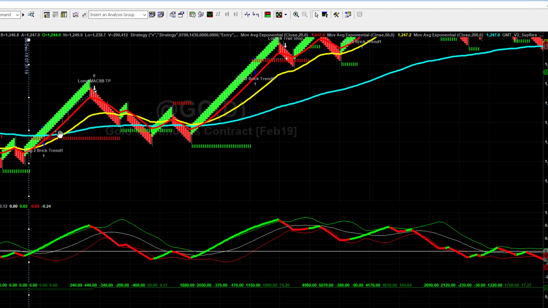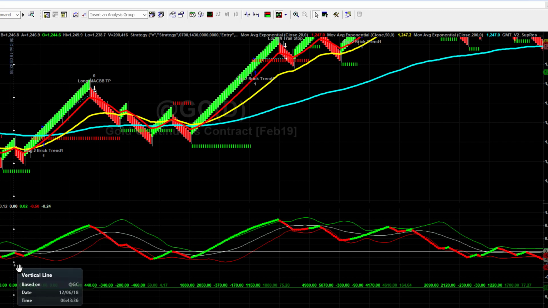So you can see here we've got a nice little double bottom. Price was on the outside of the MACD BB, and then it strongly pushes back up at 8 o'clock or 7:30.